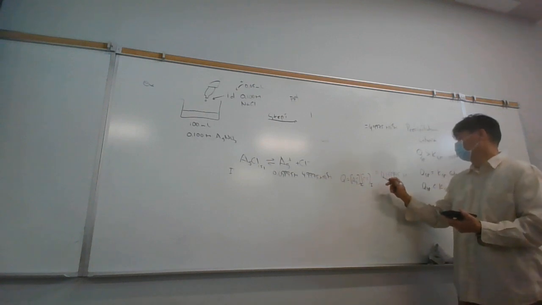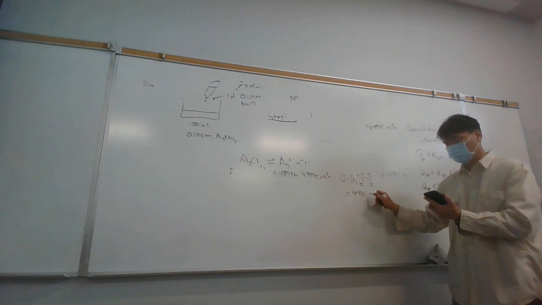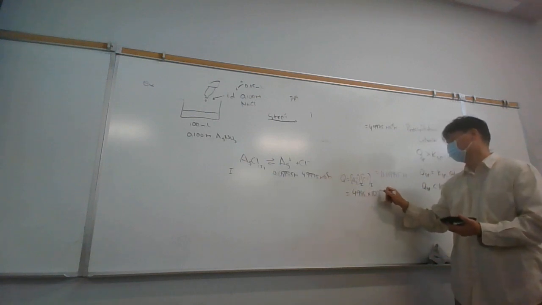And so my QSP value here comes out to 4.995 times 10 to the minus 6.